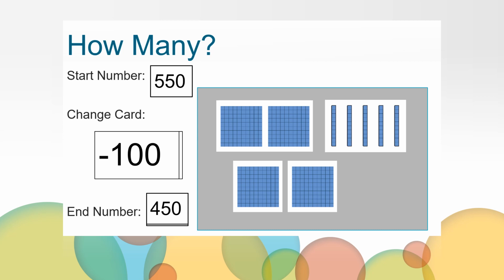That's right. We took away 100. So the 5 in the hundreds place changed to a 4, but the digits in the tens place and the ones place stayed the same because we didn't add or take away any tens rods and we didn't change the number of unit cubes, which is 0. So those numbers stayed the same.